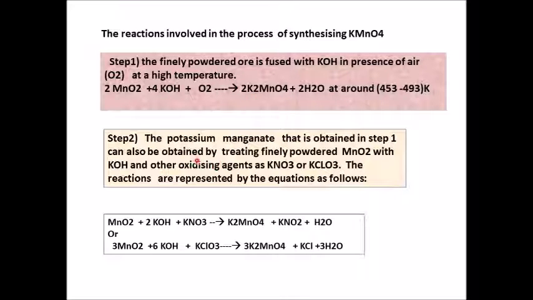The potassium manganate obtained here can also be obtained if we treat the finely powdered MnO2 ore with KOH and other oxidizing agents like KNO3 or KClO3 instead of O2. The reactions are represented as we see here. If you use KNO3, you will get KNO2, and if you use KClO3, you will get KCl as a byproduct.